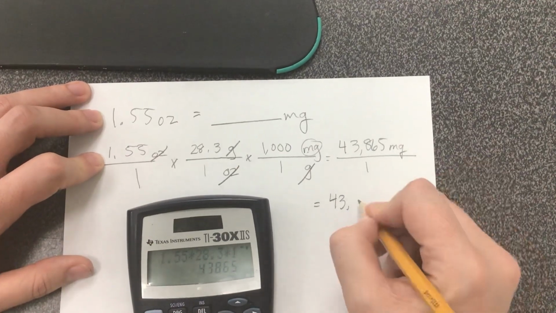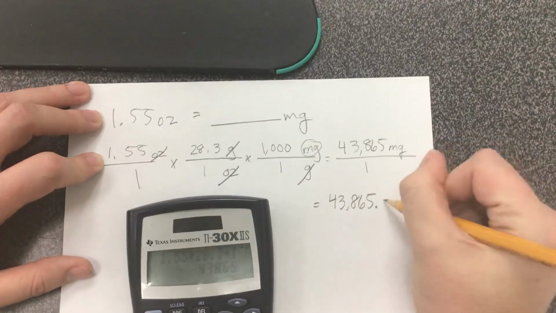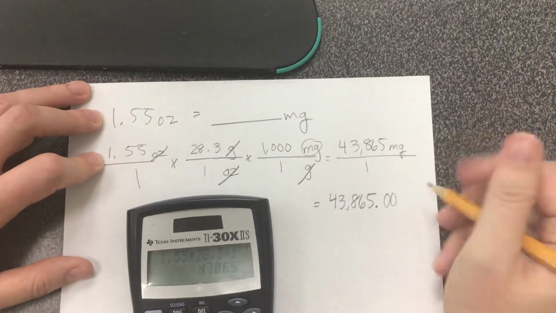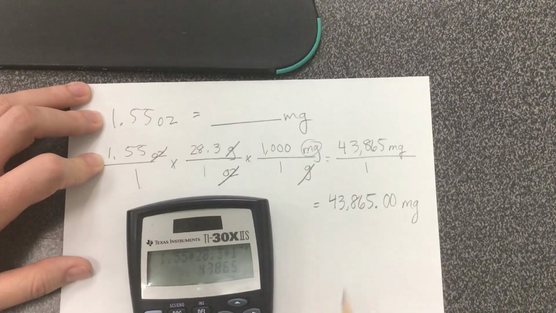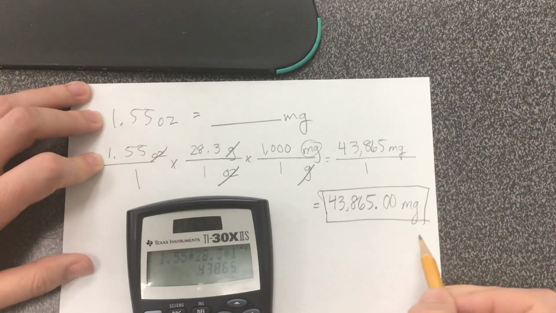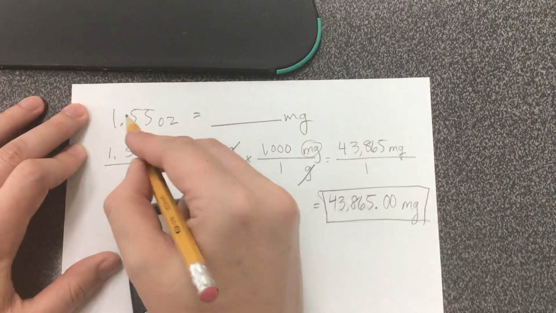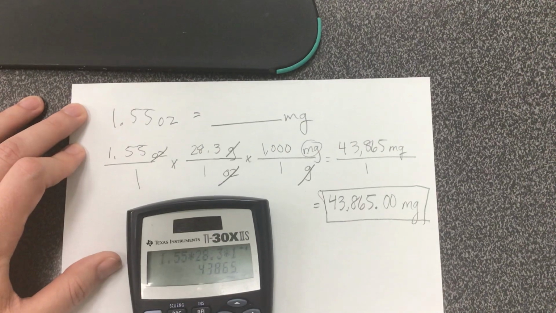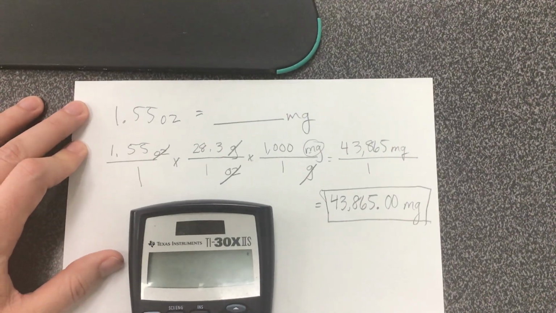If this is a whole number like this, you simply add the decimal and fill in zeros to get to the hundredths place. Always remembering to keep our units. And there are 43,865.00 milligrams in 1.55 ounces. And that's how you do multi-step unit conversion by multiplying fractions.